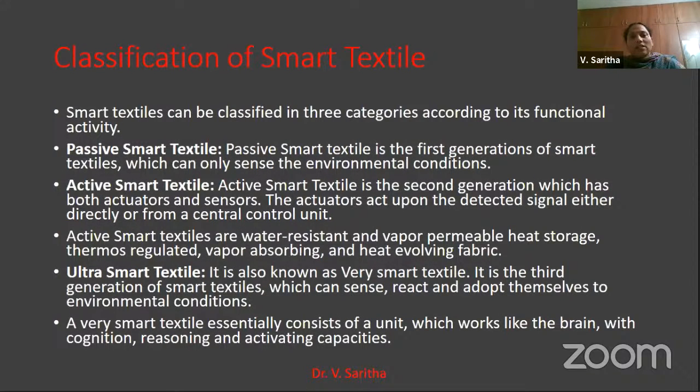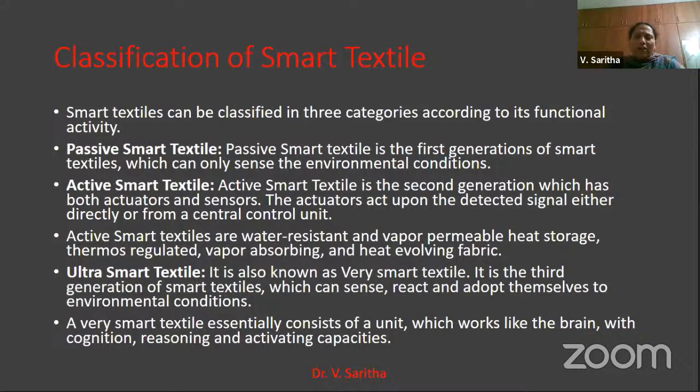So the next one is the classification of smart textiles. Smart textiles can be classified into 3 categories according to their functional activity. See, in the previous case, I told 2 categories are there, but that was depending upon the textile. But here it is depending upon the functional activity. Okay. So the first category is passive smart textile.